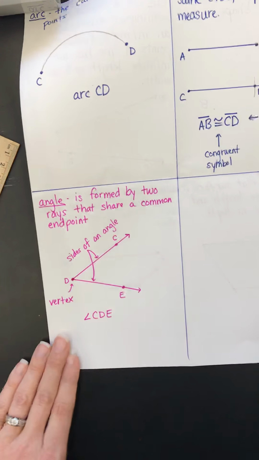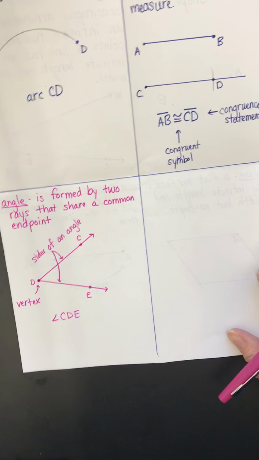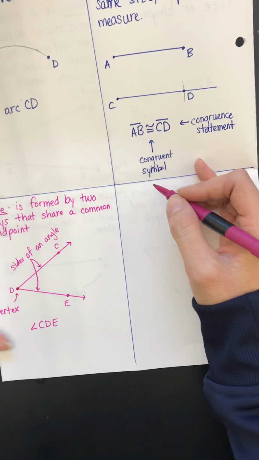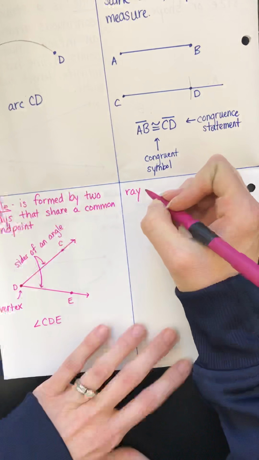We're also going to look at ray, because we haven't talked about what a ray is yet, and we just used it in our definition for an angle. So let's go ahead and write that down. We have ray.